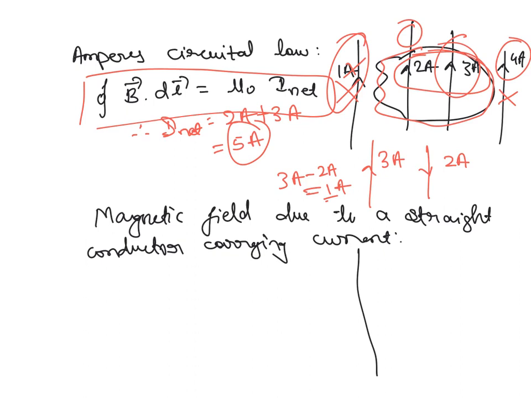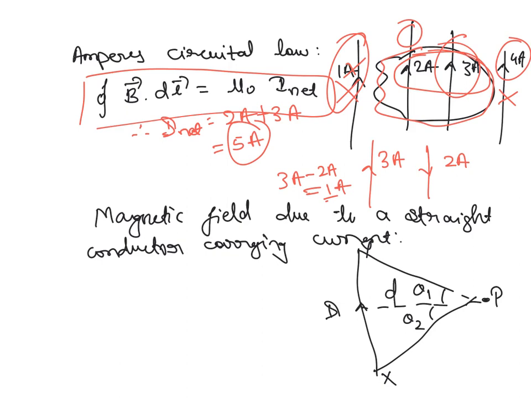It's a straight conductor carrying current I. We need to calculate the magnetic field somewhere here at this point P. This is the terminal X and this is the terminal Y, which makes an angle theta 1, and this is making a theta 2 here. And this is a distance D.